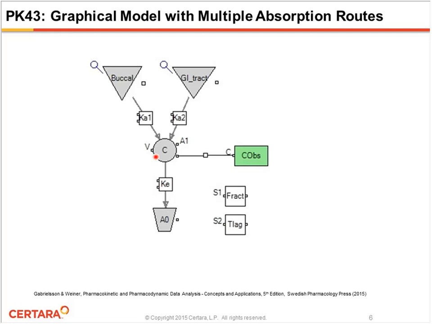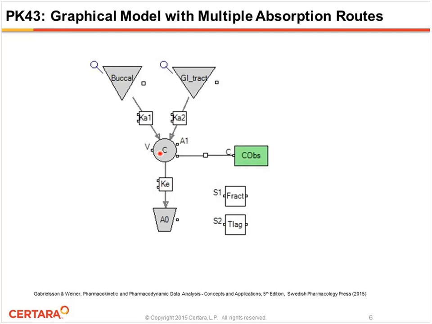Then, to model the dose input into the central compartment, we break it up into these 2 absorption routes. Here we have the buccal absorption with a rate of Ka1, as well as the delayed absorption via the GI tract with a Ka2.